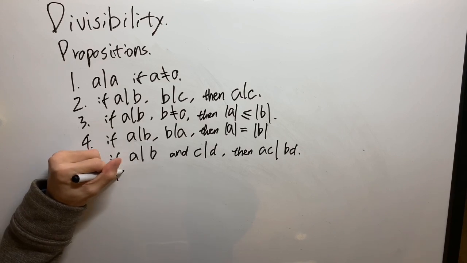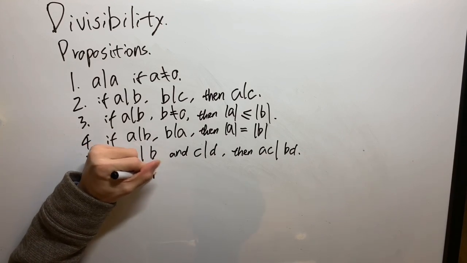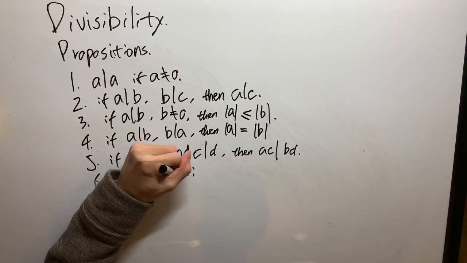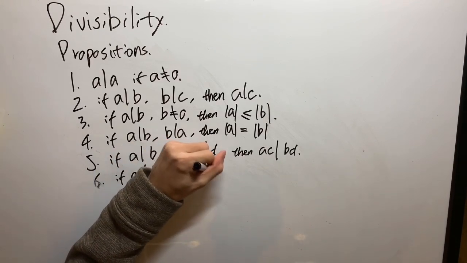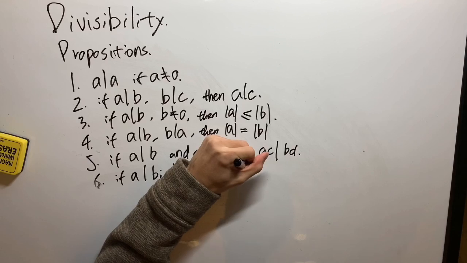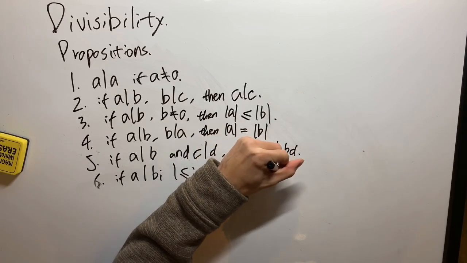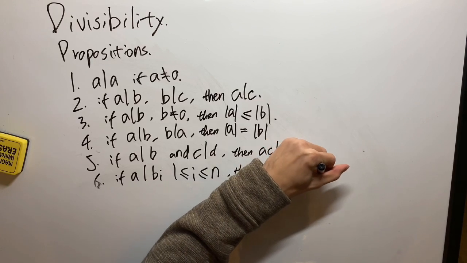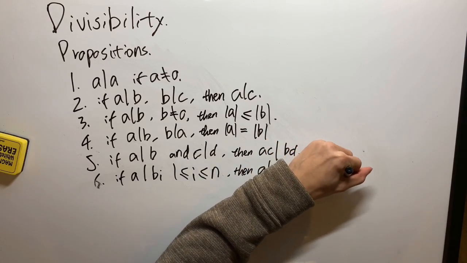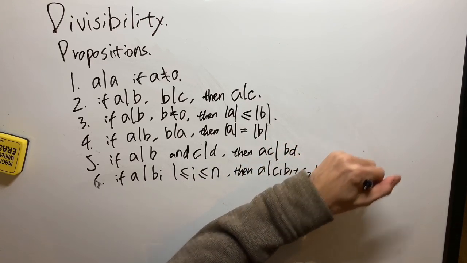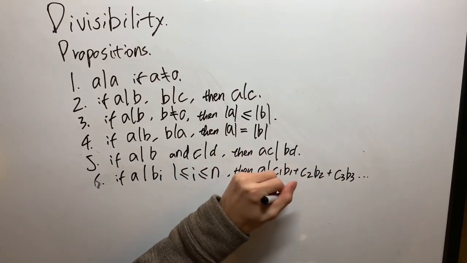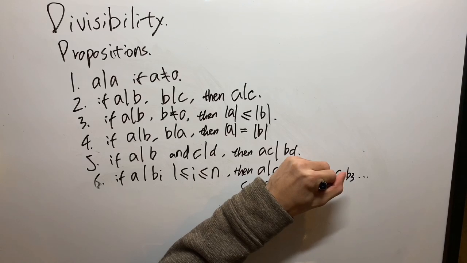Six, if a divides bi for i from 1 to n, then a divides c1 b1 plus c2 b2 plus c3 b3 and so on, where c1, c2 and so on can be any numbers.